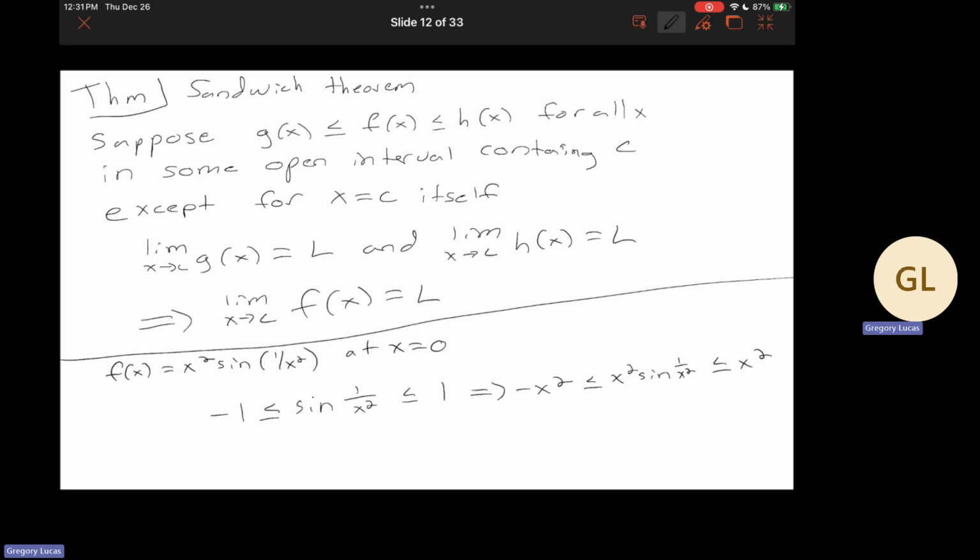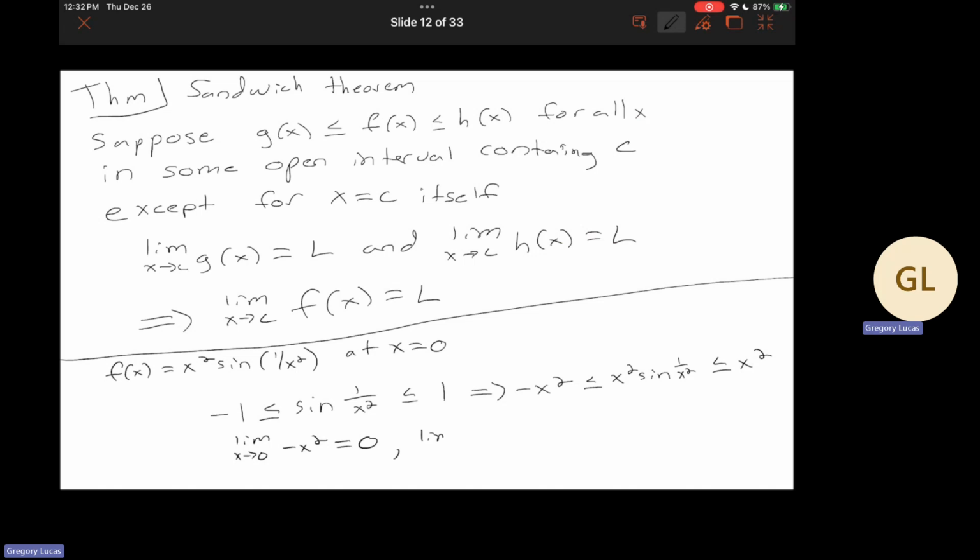All right. So now we have our three functions. g of x is minus x squared, h of x is x squared, and f of x is our inside function now. Okay. And this math is okay. Multiplying an inequality all by the same positive value does not change the inequality. So if I take the limit as x goes to 0 of minus x squared, I get 0.